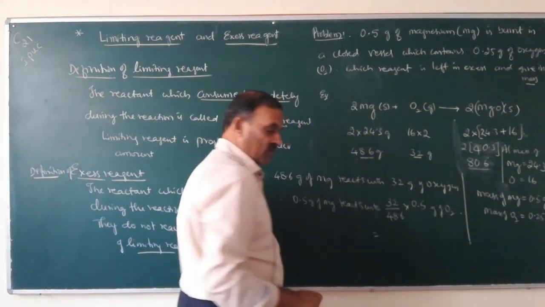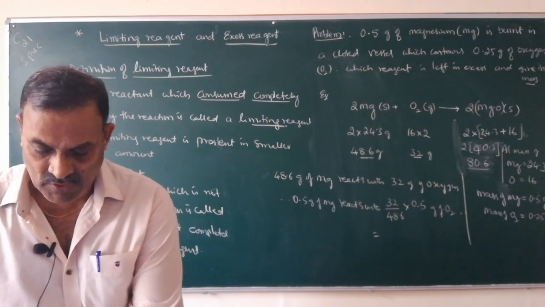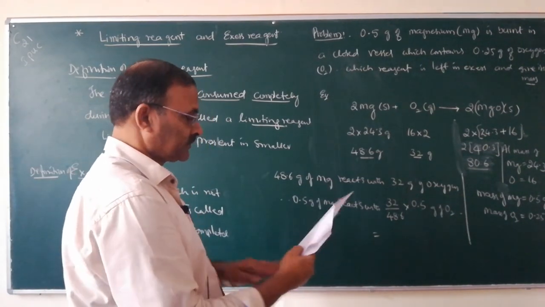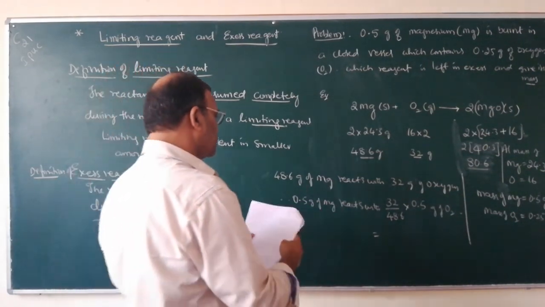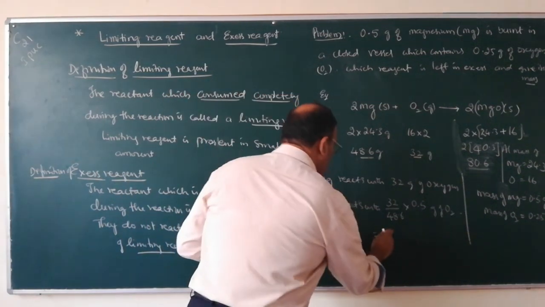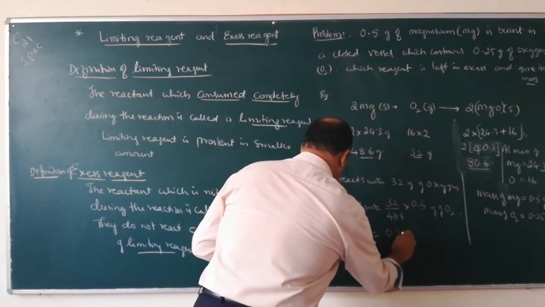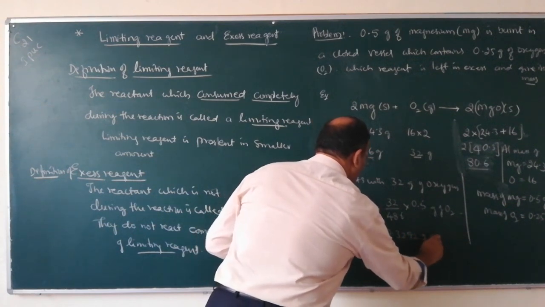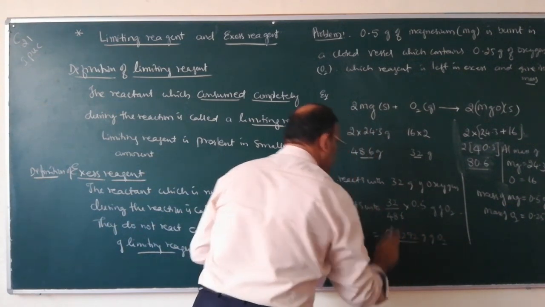If you simplify this, you will get 0.3292 gram of oxygen.